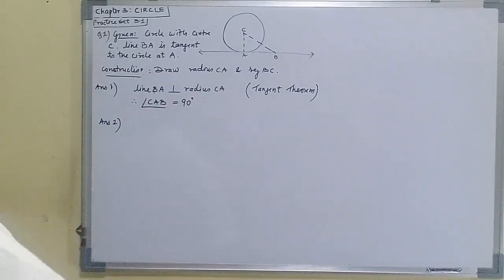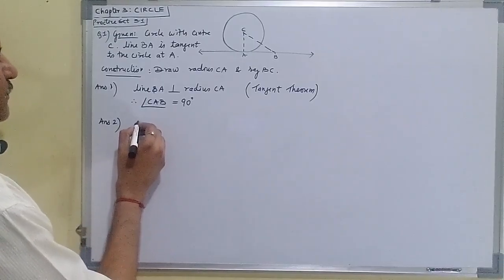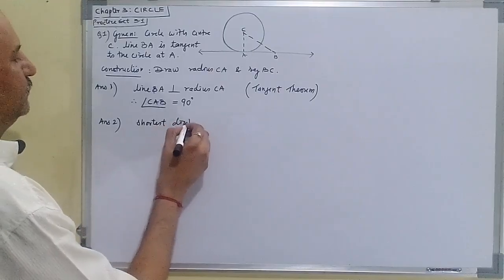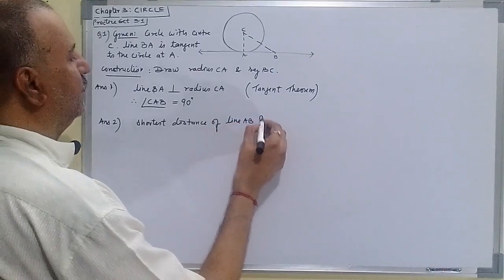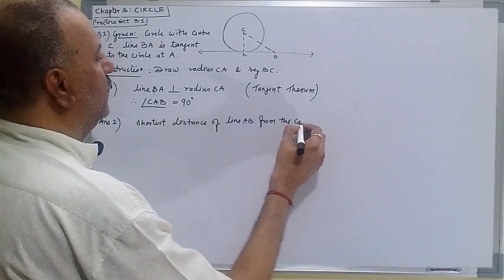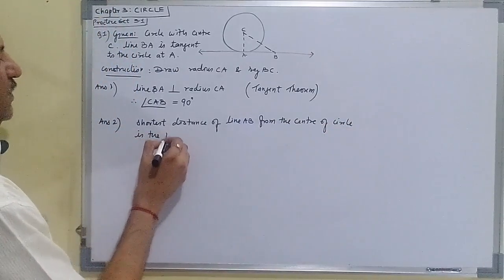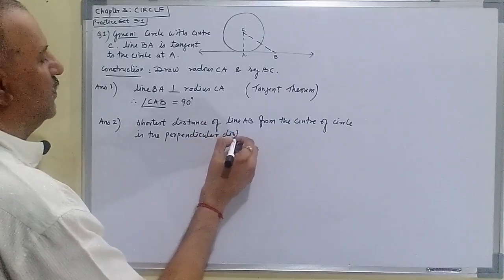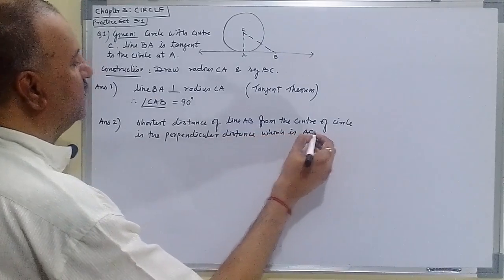What is the distance of C from line AB? Shortest distance of line AB from the center of the circle is the perpendicular distance, which is AC.